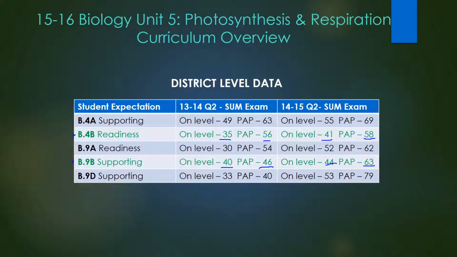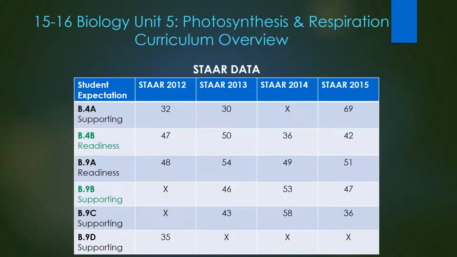So you want to use this data to guide your instruction and see exactly how we need to set our goals for this upcoming school year based off where we were in the past couple of years. Looking at STAAR data, we can see for B.4B and B.9B, we have gone like a little roller coaster. We go up, we go down, and then we go back up.